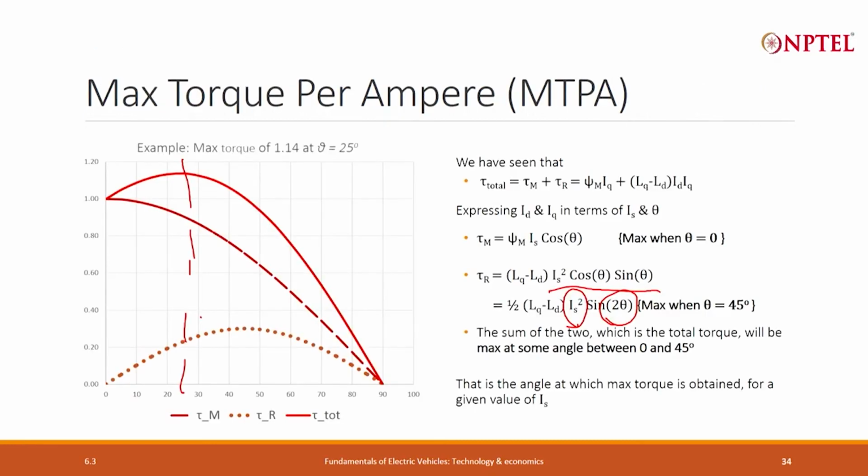If I select the angle correctly based on this equation, then I can get more torque than I can at any other angle for the same amount of current. But if the current changes, then the angle will also change accordingly, and this algorithm, which will be very important when we later look at the controller design, is called MTPA, maximum torque per ampere.